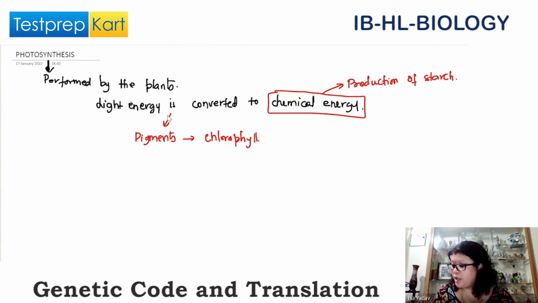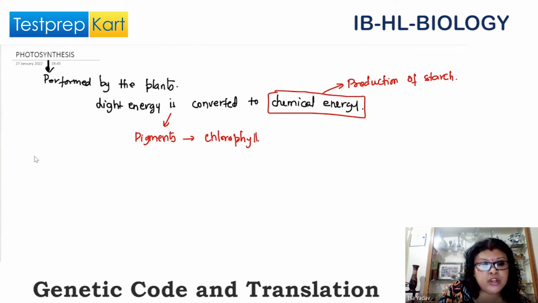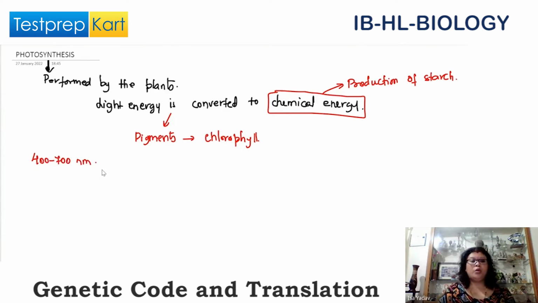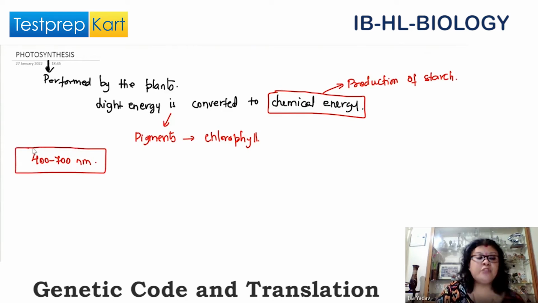Now the range of wavelength of visible light is 400 to 700 nanometer. So here what happens? This is the light between which the absorption of chlorophyll will take place.